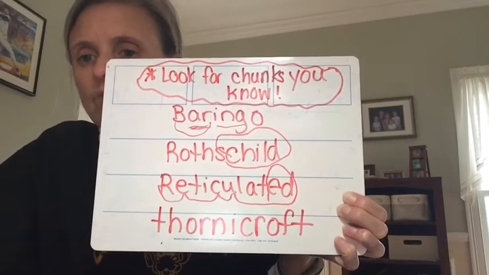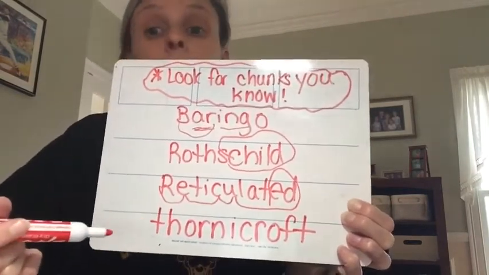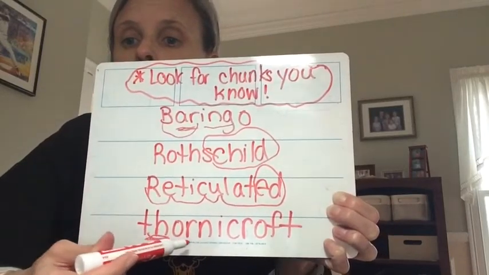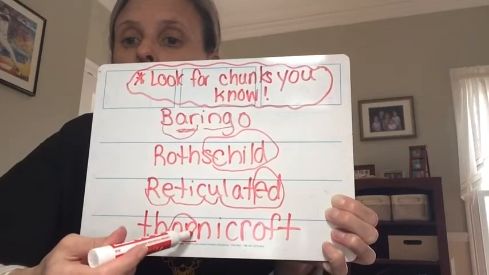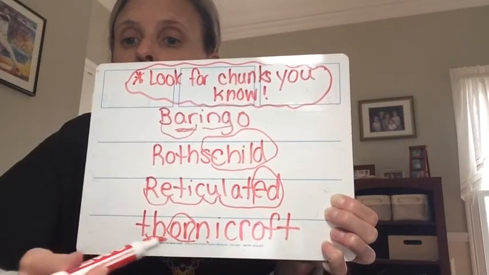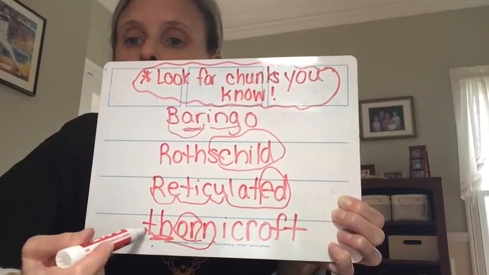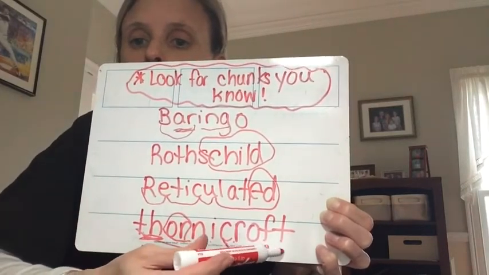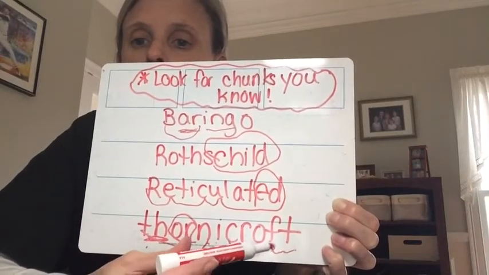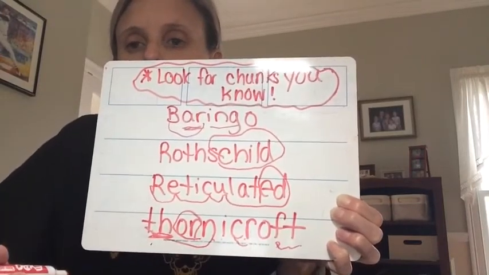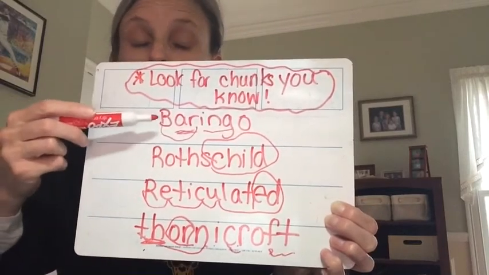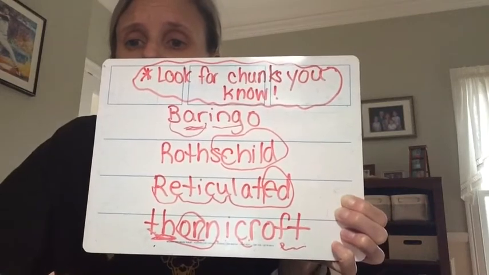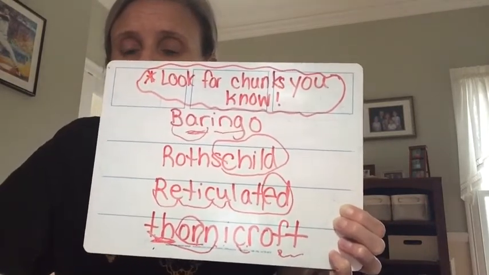The reticulated giraffe. And even though I've never heard of this one, I thought I would try it. TH says th. I know OR goes together, and that says or. So thorn is my first word. And then we have cur. I see another blend here. Croft. Thornycroft. So there are many different types of giraffes, but I just thought I'd show you that you can try to chunk each of those out.